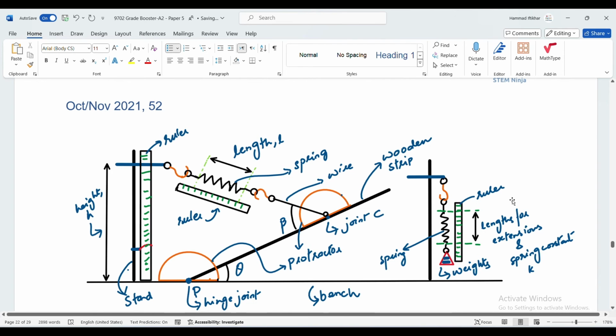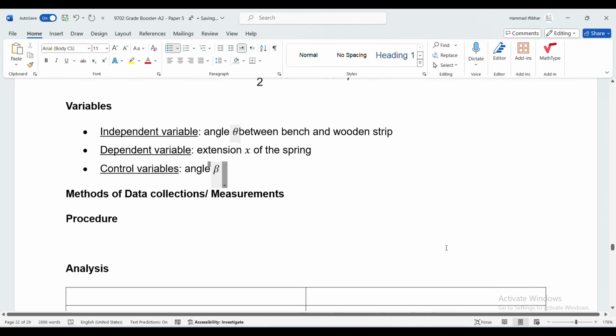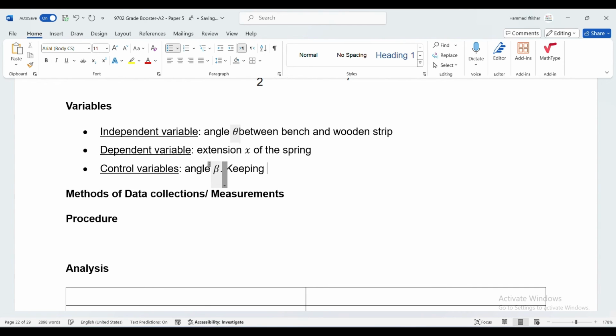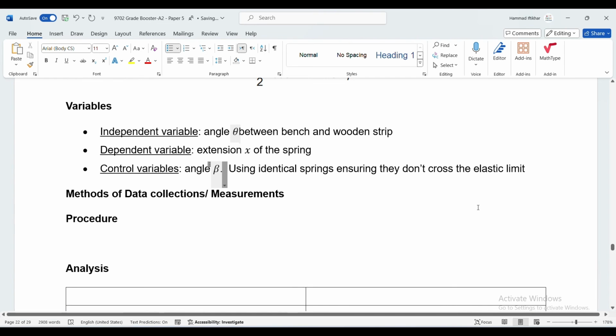We can use the same spring, using identical springs, ensuring they don't cross the elastic limit, for constant spring constant, basically.